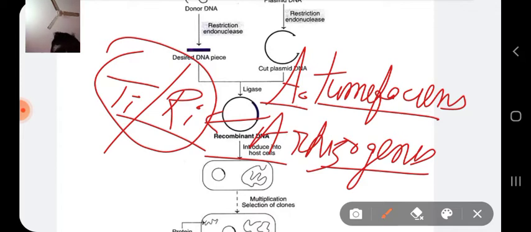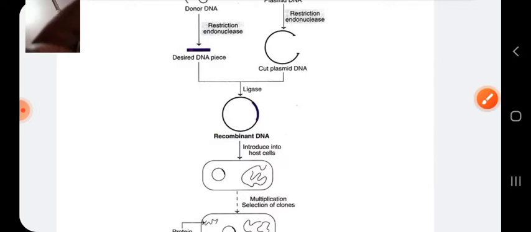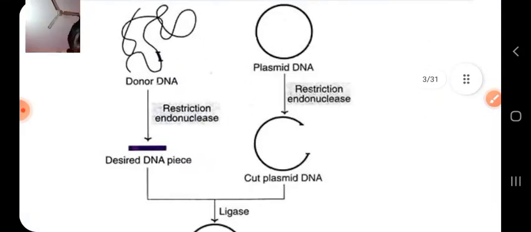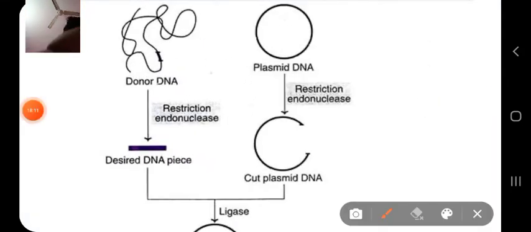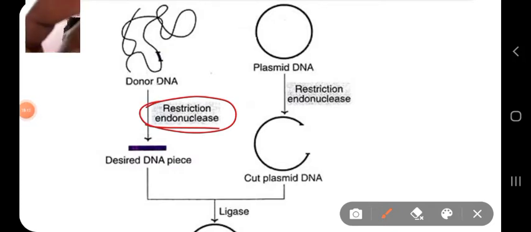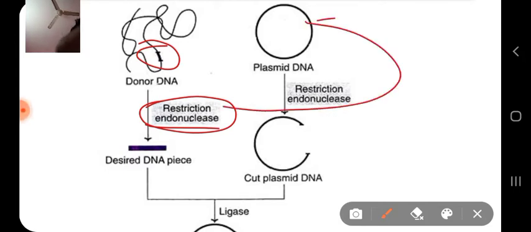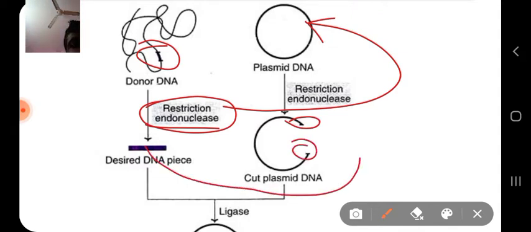So the desired DNA fragment is inserted into the vectors with the help of some enzymes. As I have already said, we use restriction endonuclease to cleave a portion of DNA of our interest, and with the same restriction endonuclease we cut the vector at the same position to create sticky ends, so that our DNA can easily get inserted into this vector.